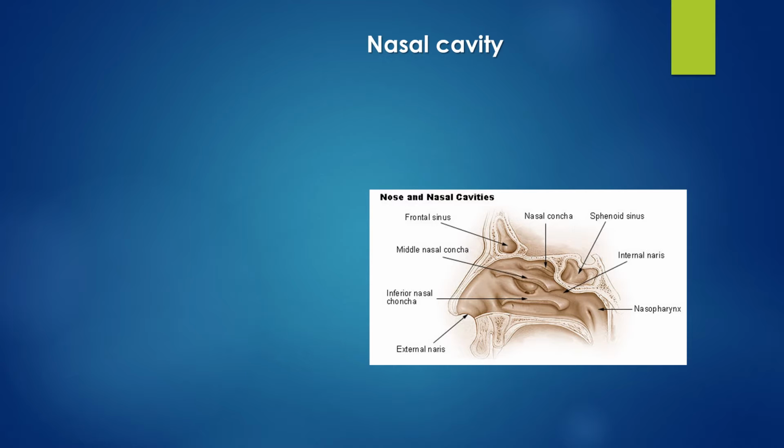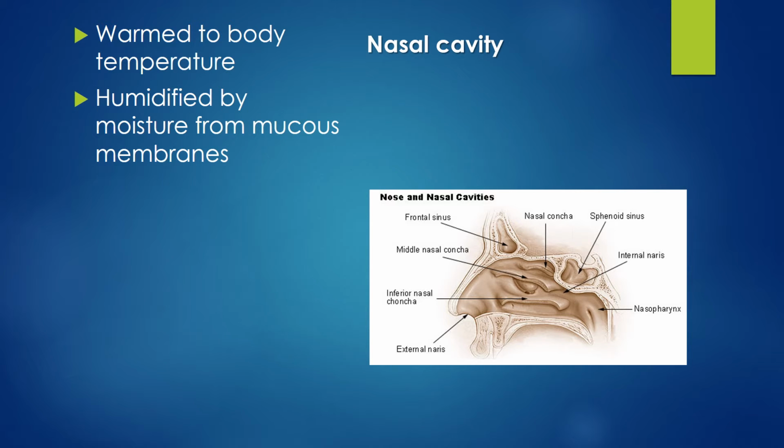The air enters the body through the nasal cavity located just inside the nose. As the air passes through the nasal cavity, the air is warmed to body temperature and humidified by moisture from mucous membranes.